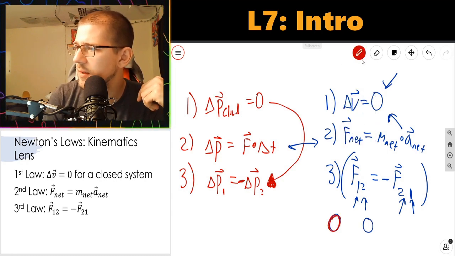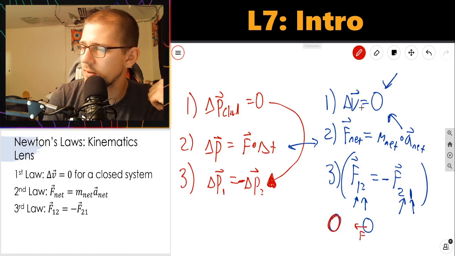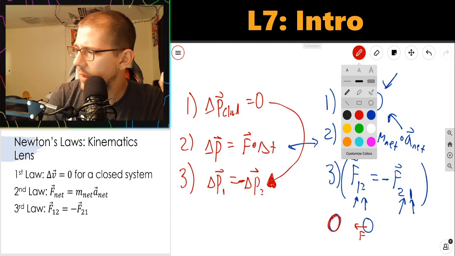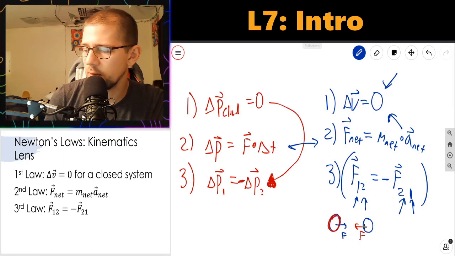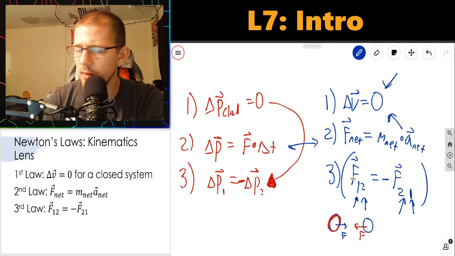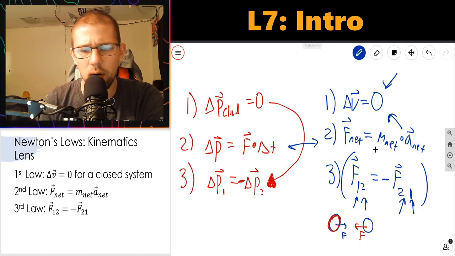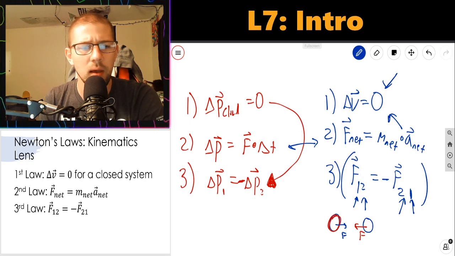One of my bodies exerts a force on the other body. Let's say this is gravitation, like the Earth and the Moon. The other body, the one on the right, exerts a force on the first body that is equal and opposite. So these two vectors are equal in size and opposite in direction. That's all this law says. And we'll dig into that a little more in the fourth part of this video lecture.